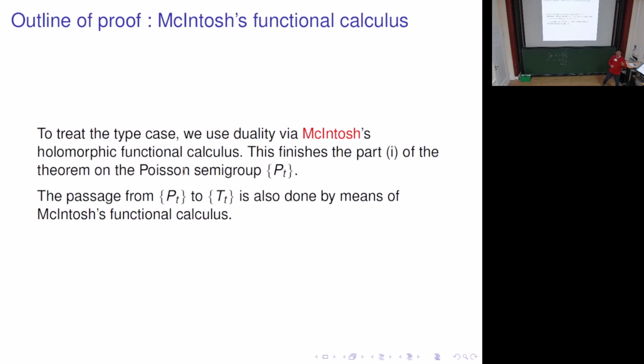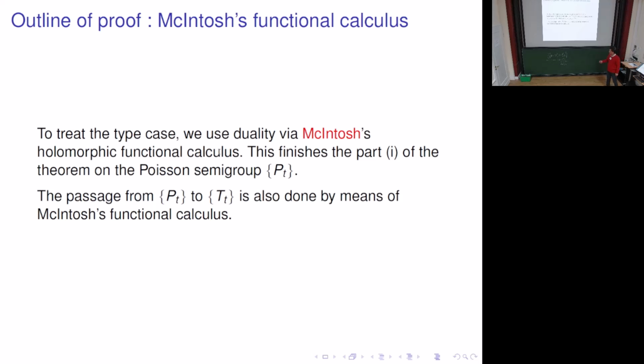That means X is of martingale cotype Q if and only if the dual space of X is of martingale type Q. Here we have the same situation. When we use duality, we have to use the McIntosh holomorphic functional calculus. This finishes the proof of the first part.